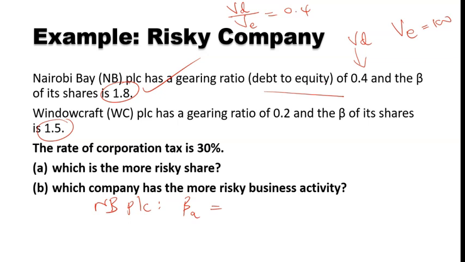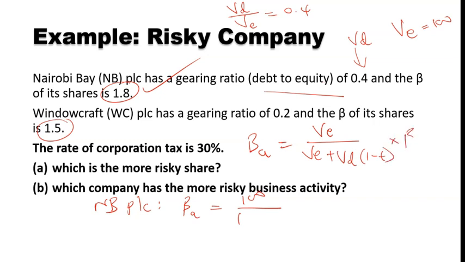All right, so what happens is we are going to say 100 over 100. Remember our formula, let me just replicate it here, is VE over VE plus VD, 1 minus T, multiplied by BE.